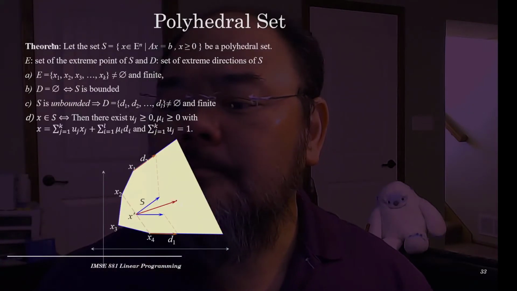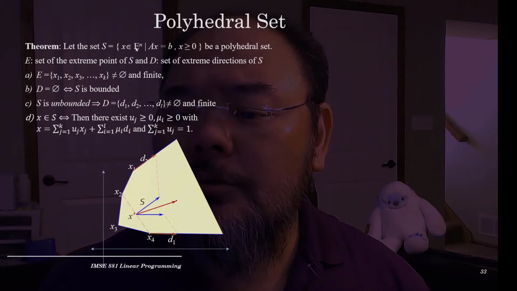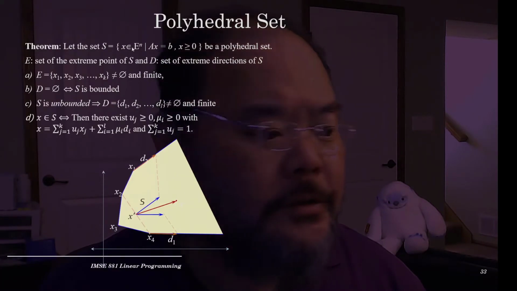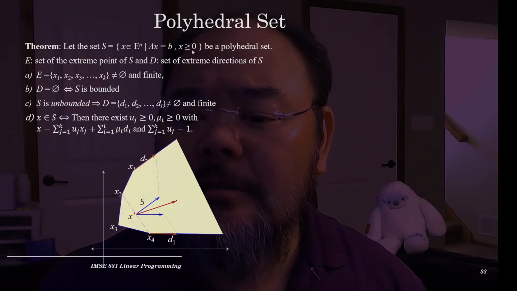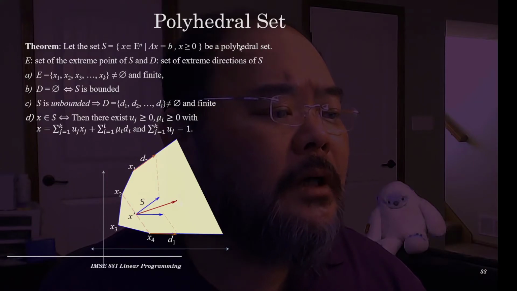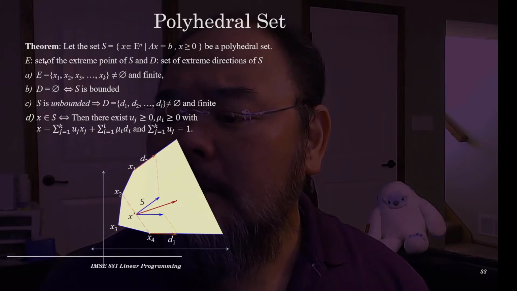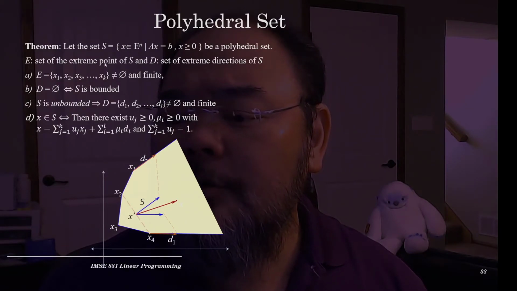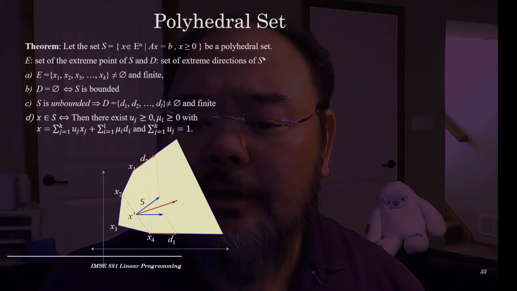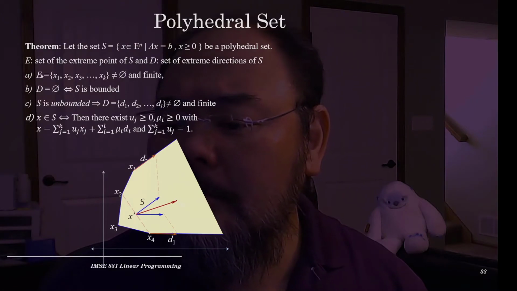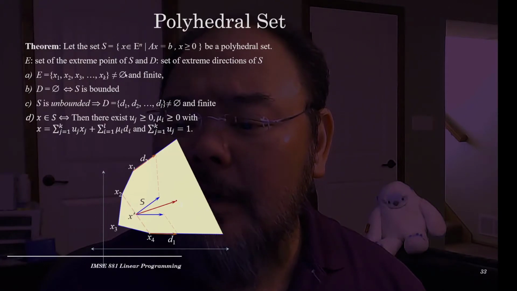Okay, take a look. Let the set S be x belonging to n-dimensional Euclidean space, Ax equals b, x greater than or equal to 0, a polyhedral set. Let E be the set of extreme points and D the set of extreme directions of S. E is x1 to xk, not equal to the empty set, and finite.